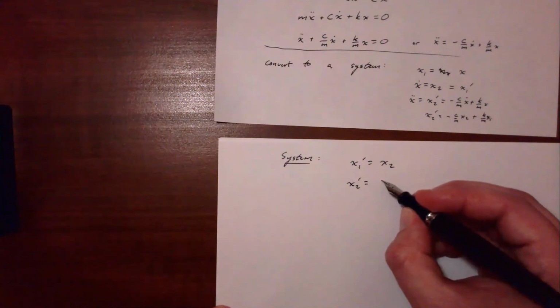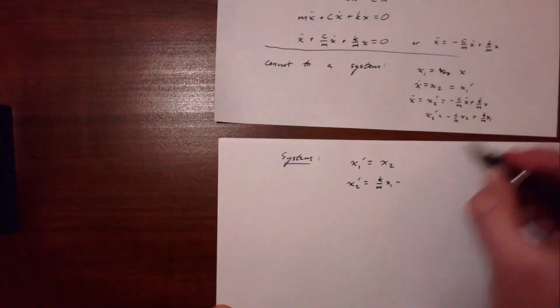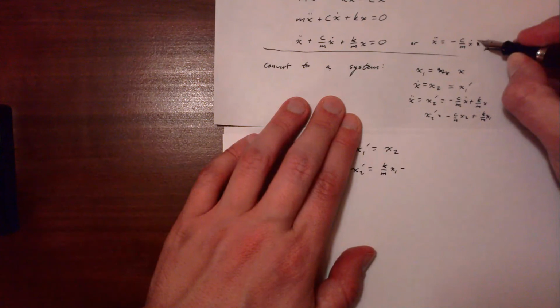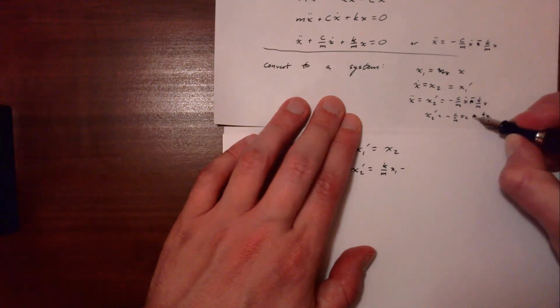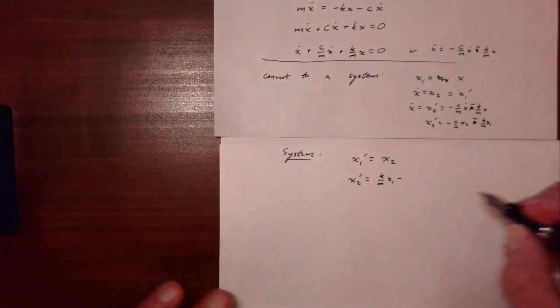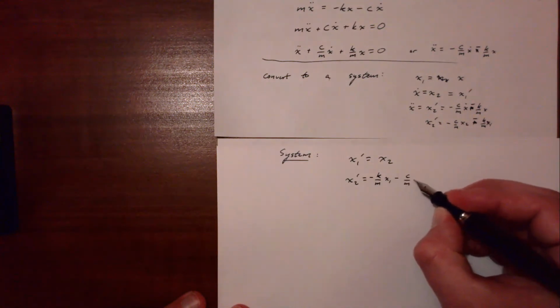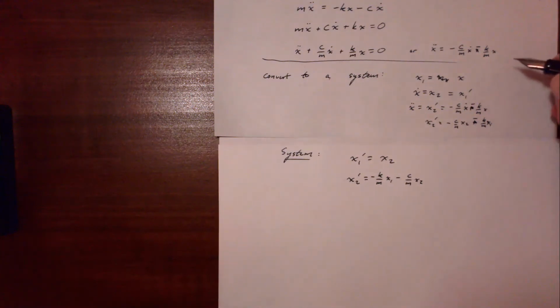X2 prime is equal to k over m x1. Sorry, this is supposed to be minus. Sorry. You go long enough on these things and you're bound to start dropping your negatives. So it's negative, and then this one is c over m x2. Okay. So some negatives were dropped along the way, but they've been found again.